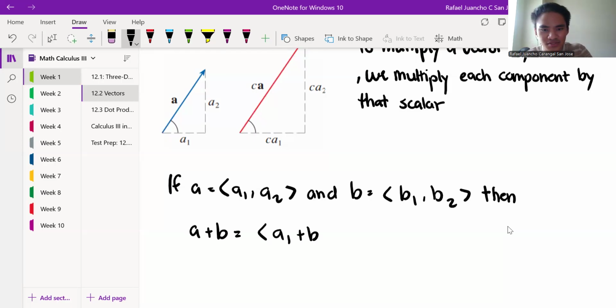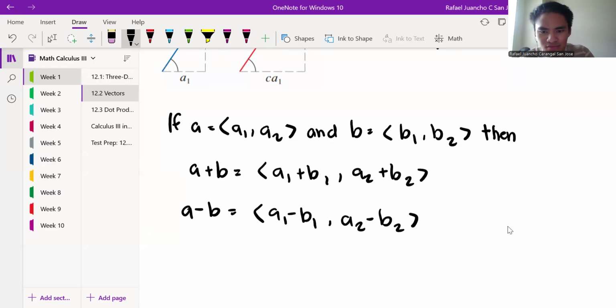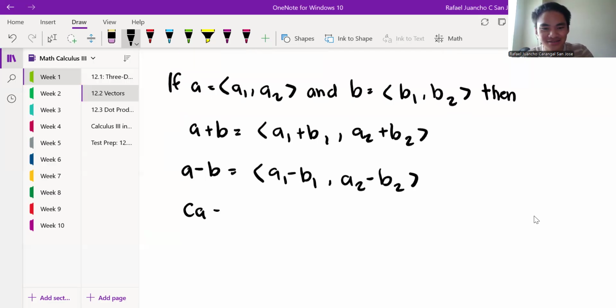So A1 plus B1, A2 plus B2, and when we're subtracting them, then we also do that accordingly. And if we're multiplying them, we also multiply it accordingly.